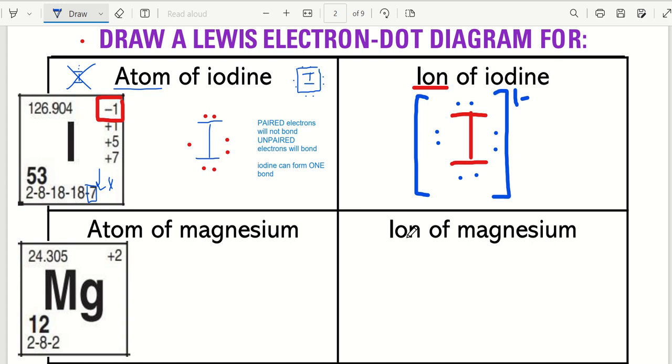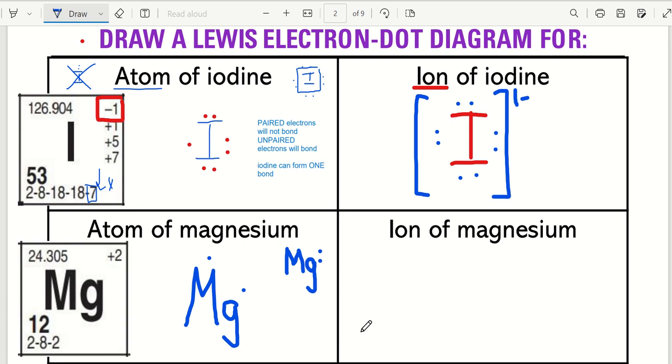Okay, so let's see how that applies to magnesium. So symbol, valence electrons. Now with magnesium, with the first 2 valence electrons, you can pair them together.